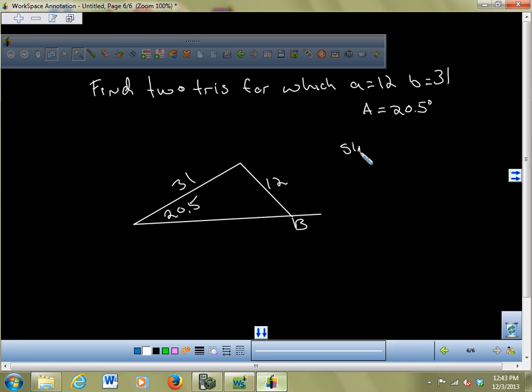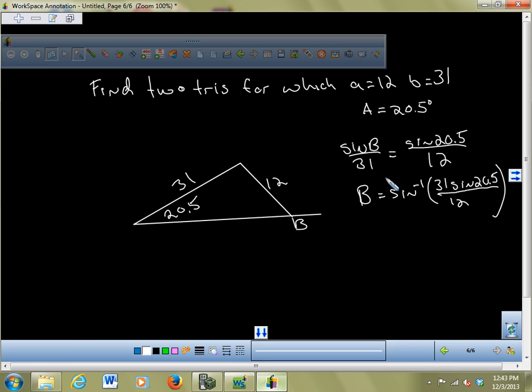We're going to go sine of B over 31 is sine of 20.5 over 12, right? And then you cross multiply and you get that B is equal to the inverse sine of 31 sine 20.5 over 12.